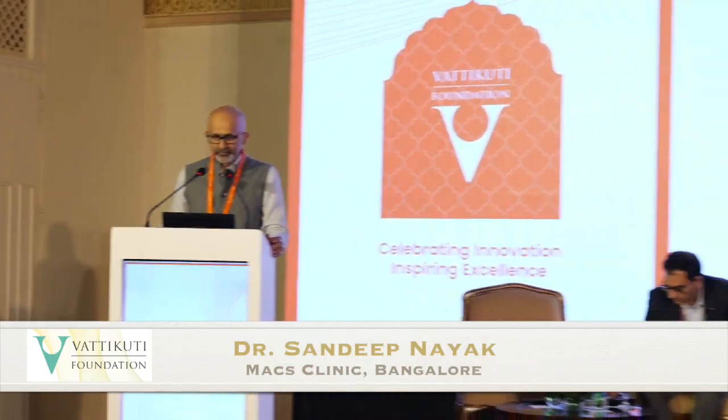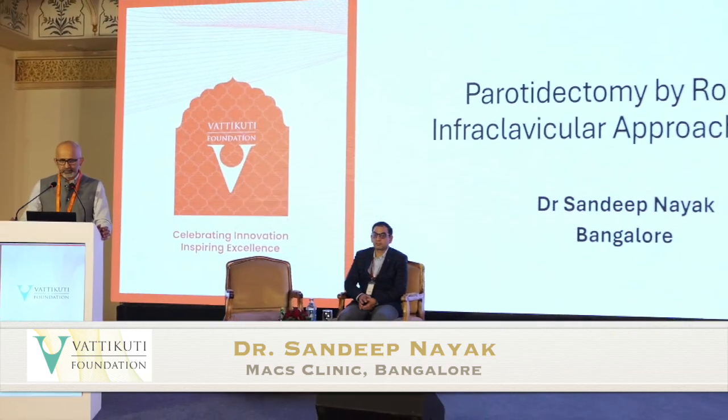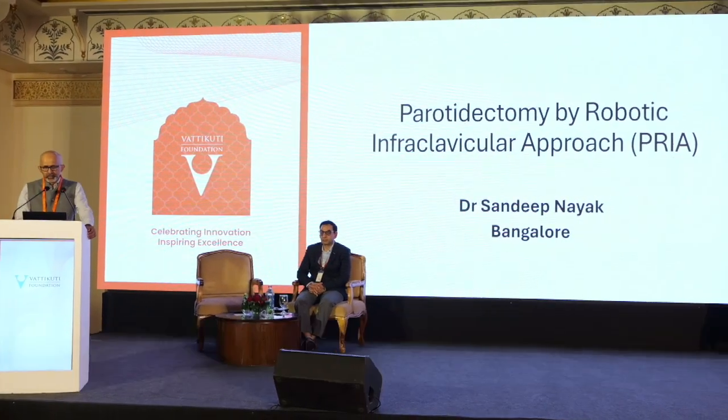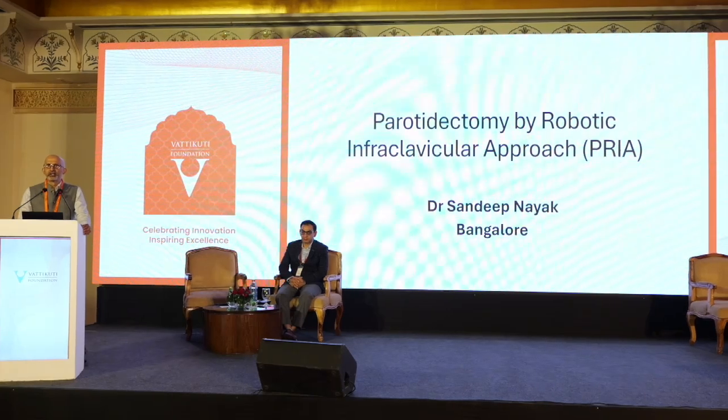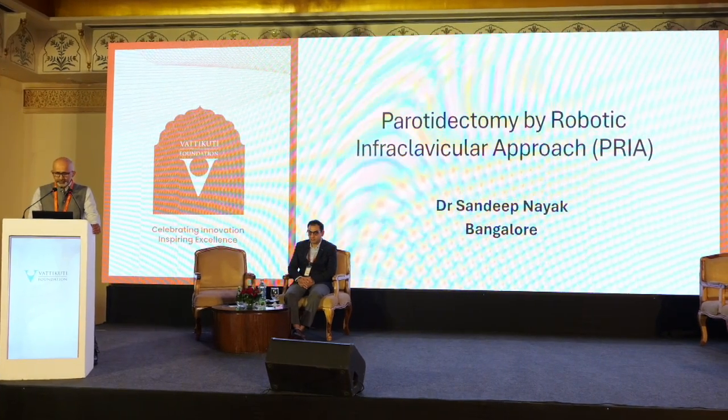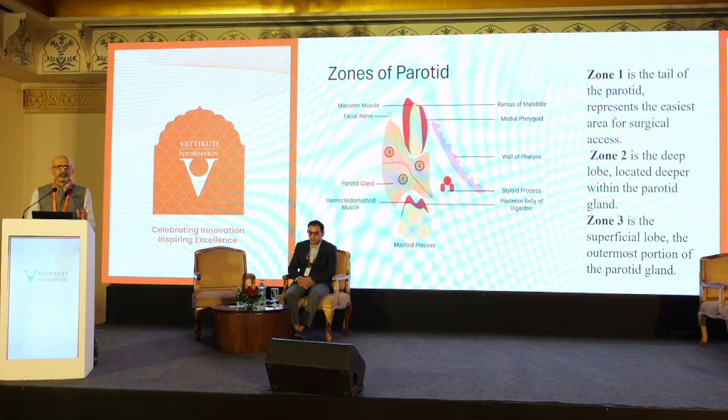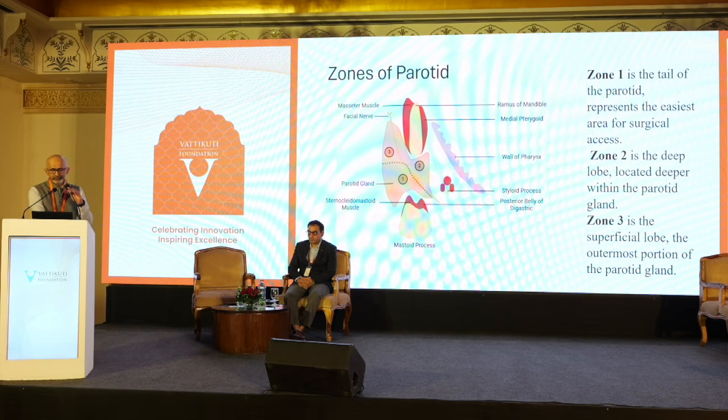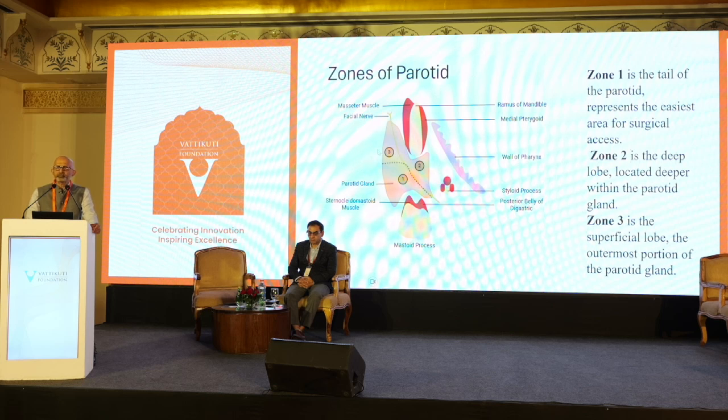I'll be presenting the parotidectomy by robotic infraclavicular approach. As I have to keep my presentation short, this is the way we have classified zones in the parotid. Not the superficial lobe and deep lobe. It is three zones because each zone has a different difficulty level which we have to handle as we go on.